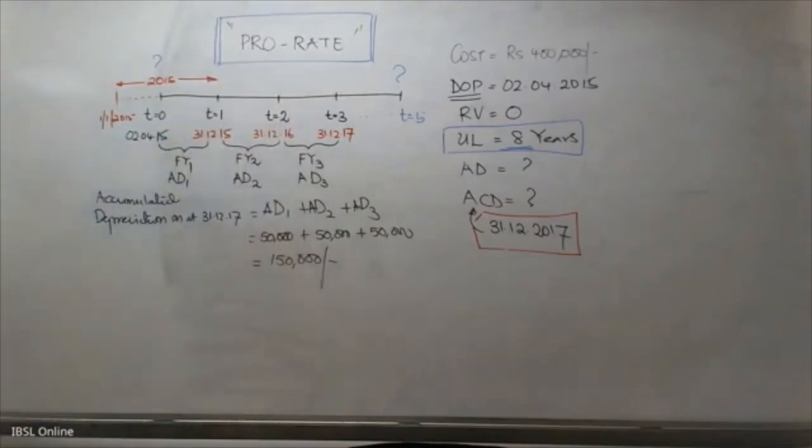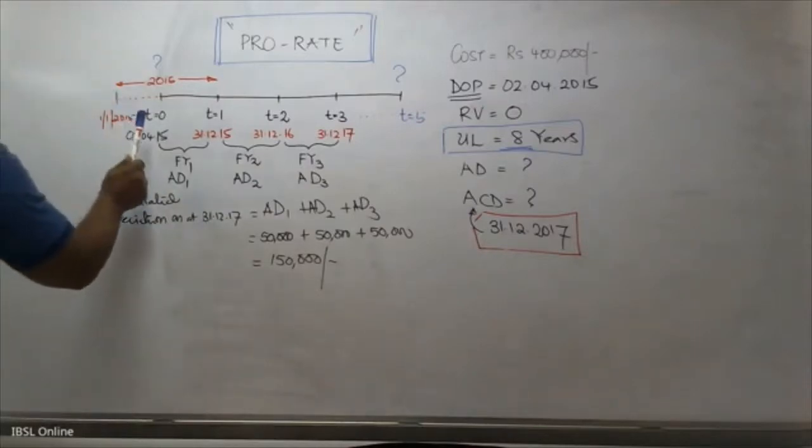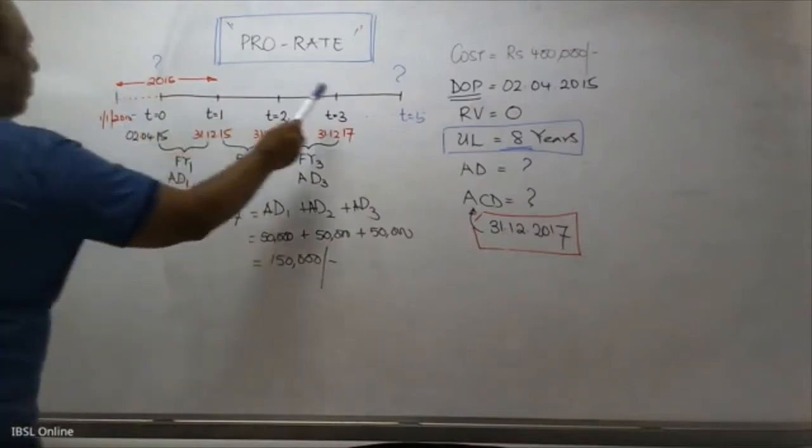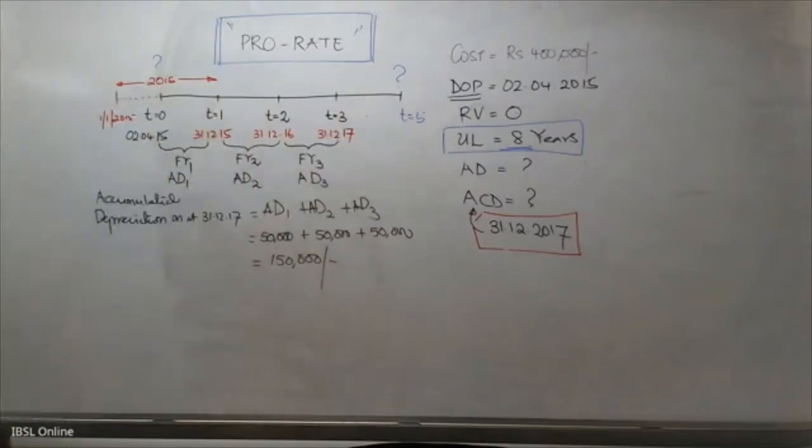Am I clear up to that point? So you have to be very careful when you are calculating the depreciation for the asset in the year of purchase and maybe in the year of disposal. If they are silent about it, then I have to apply the prorate convention.